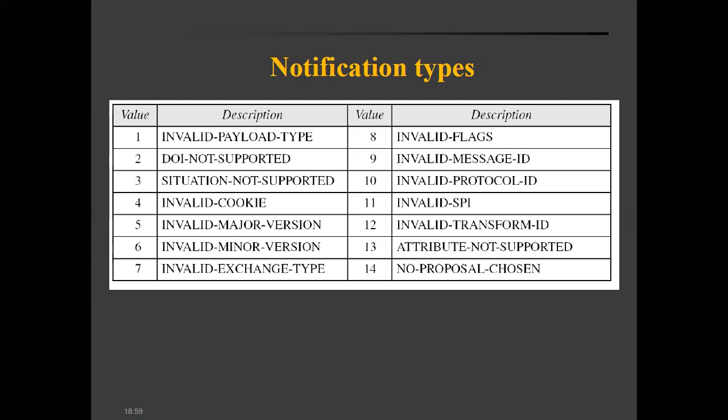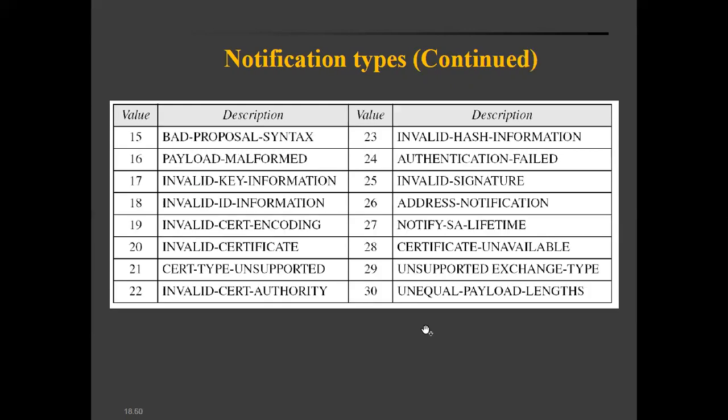If it is 2, it means DOI is not supported, then situation not supported, invalid cookie, invalid major version, minor version, exchange type. So there are different types of notification for reporting the error condition. This way the notification types and their values are set. These are some more notification types.